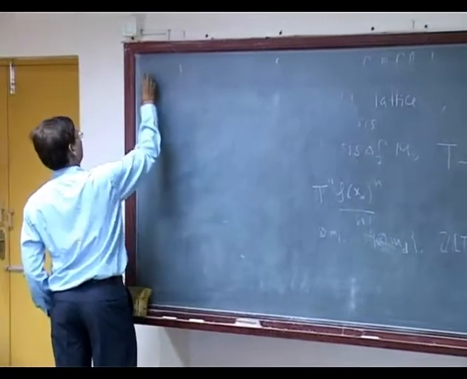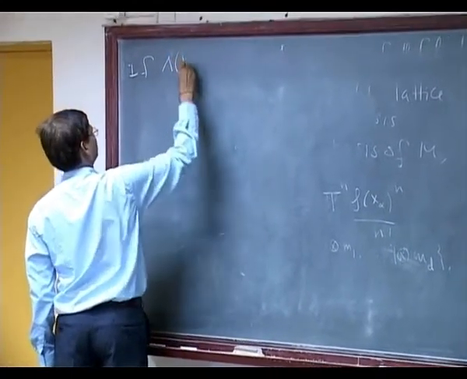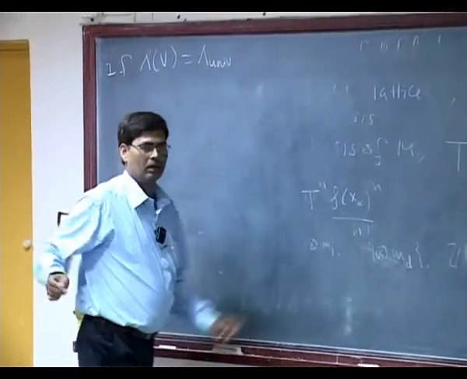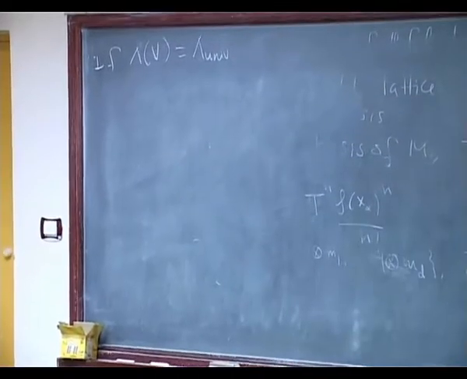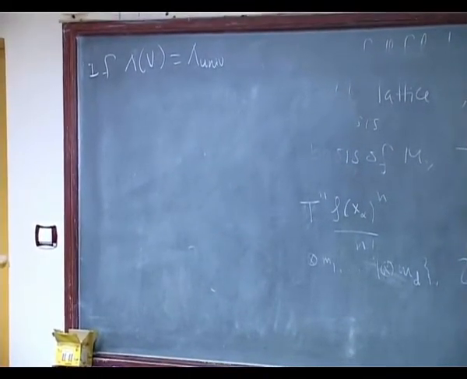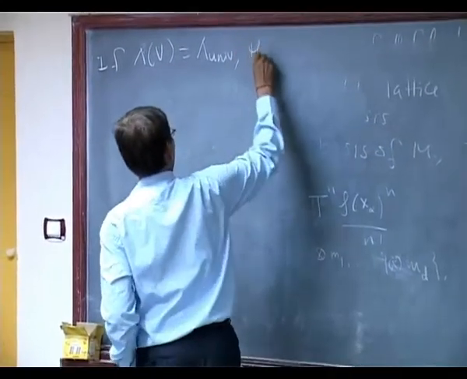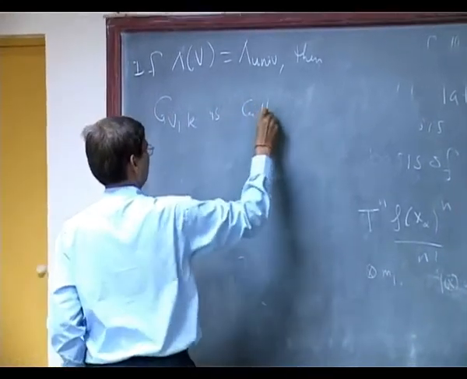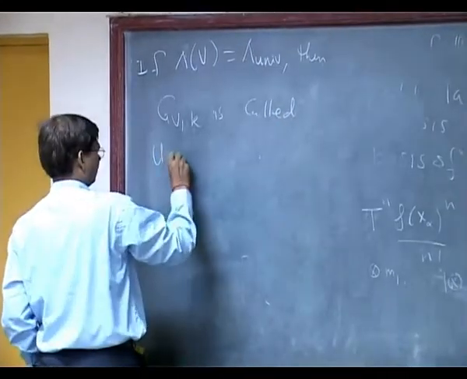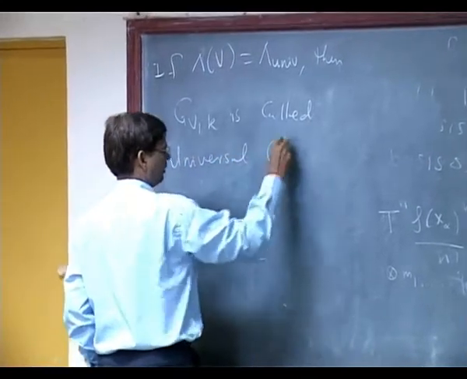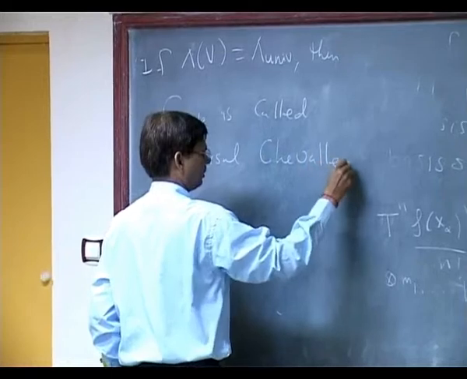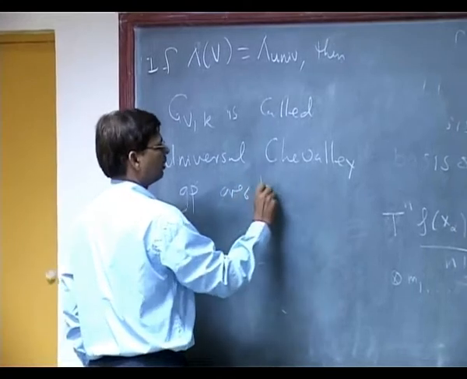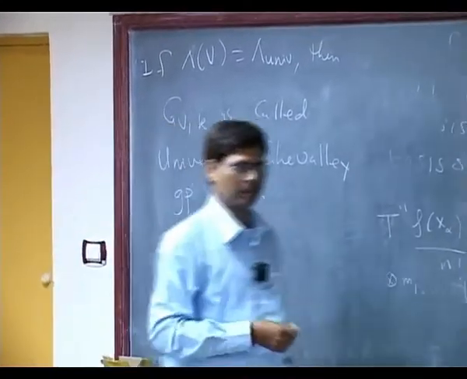So if rho V is the universal lattice, that means the lattice generated by all fundamental dominant weights, then G V is called the universal Chevalley group over K, of course of type L.